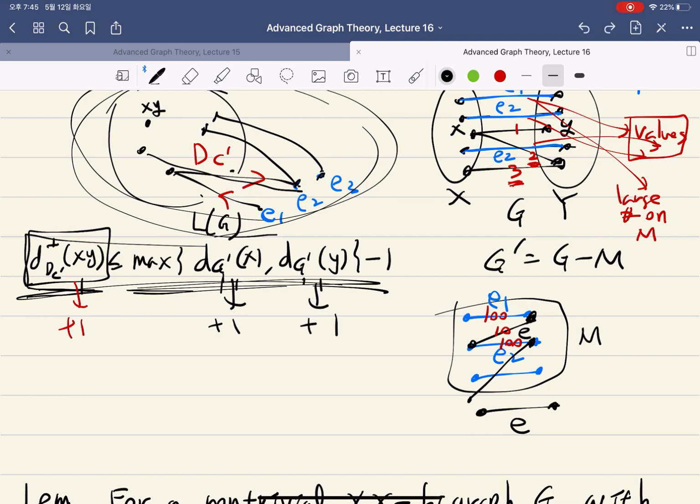And it's oriented from E2 to here, because we gave the large number on the blue edges.